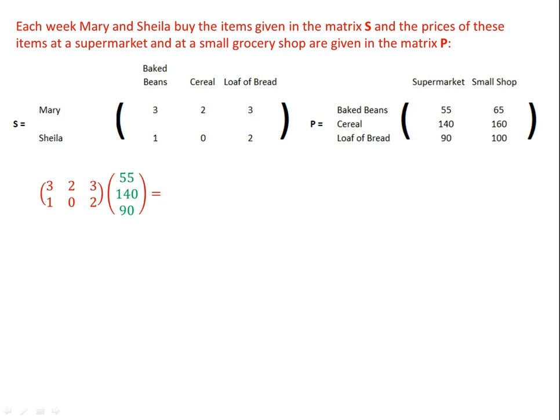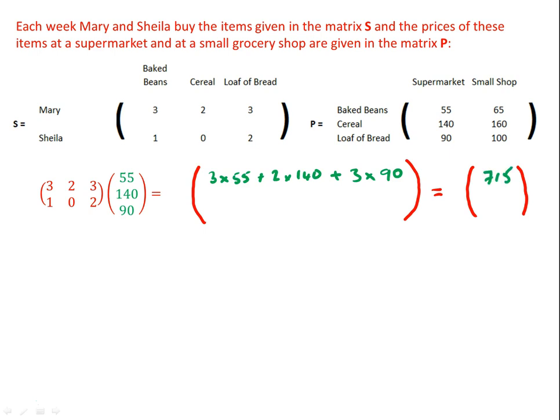We're going to get, first of all, 3 times 55 plus 2 times 140 plus 3 times 90. And with the aid of a calculator, we can find out that that's 715 pence, or if you like, £7.15.